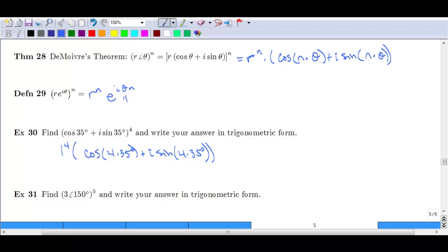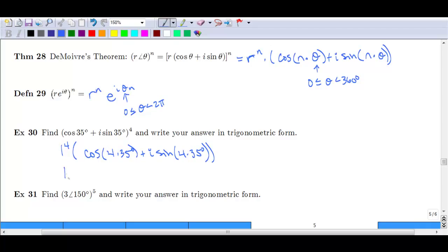Again, this is always going to be between 0 and either 360 or 0 and 2 pi. You can see when we're multiplying by these numbers how these angles could get rather large, and we're always going to make sure that we put them within the first rotation of the unit circle.